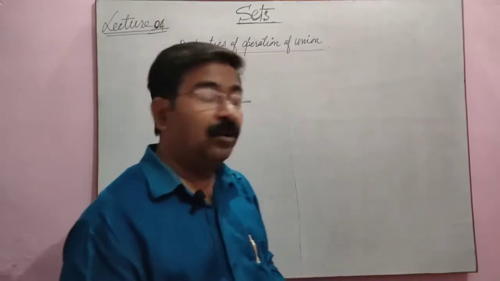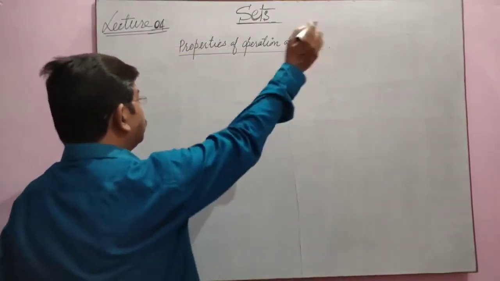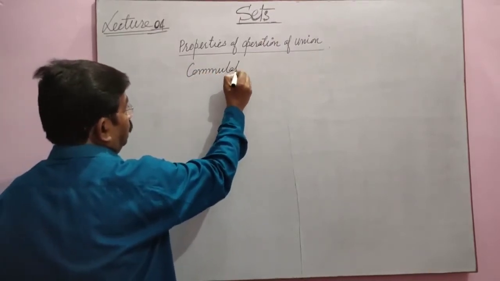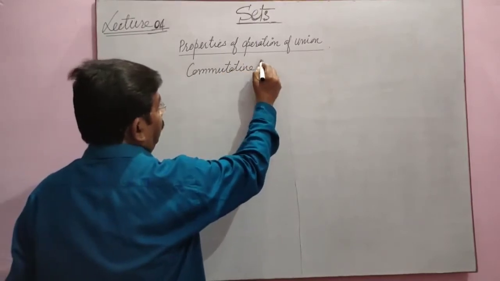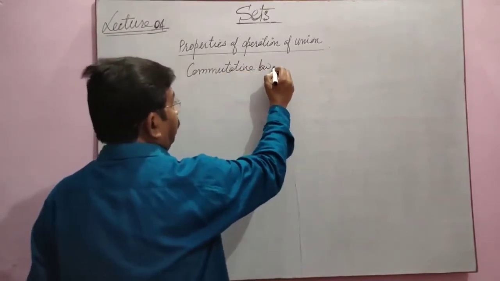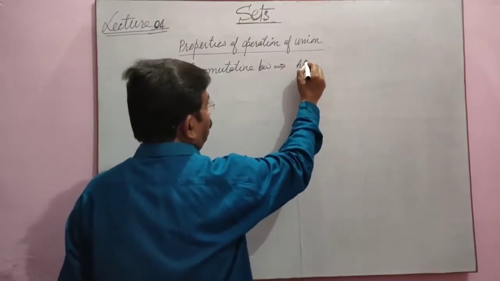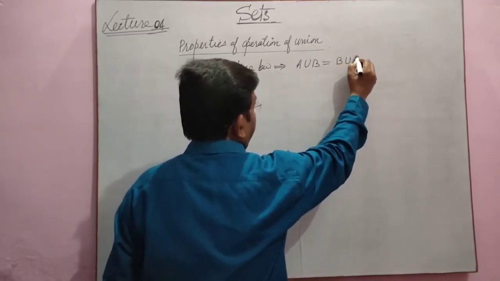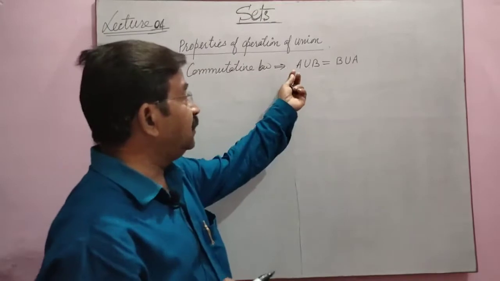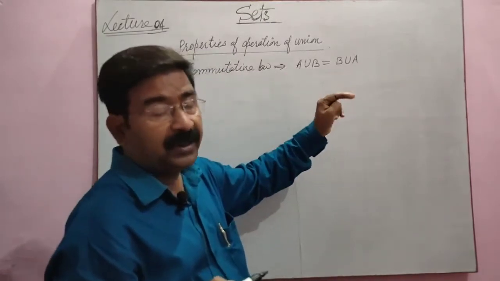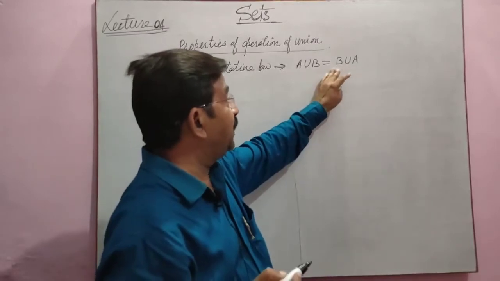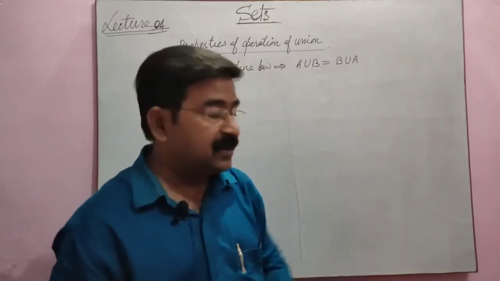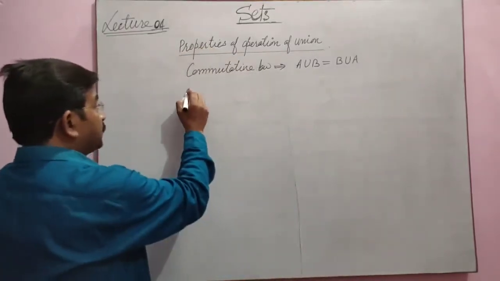Commutative law means A union B is the same as B union A. If we find the union of A and B, it is the same as the union of B and A.